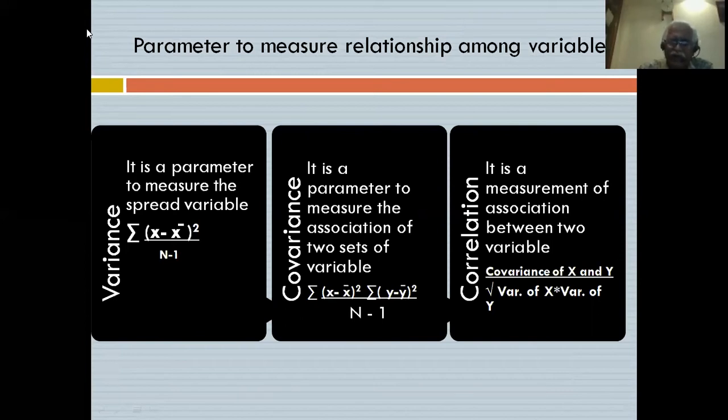Say suppose the x-axis is BOD and the y-axis is COD. So it is milligram square. But in case of correlation, the number becomes dimensionless. This is the difference between covariance and correlation. In covariance, there is a dimension. Correlation is dimensionless. Next.